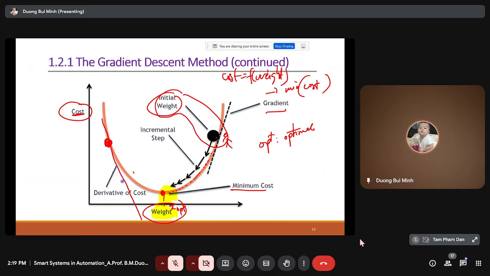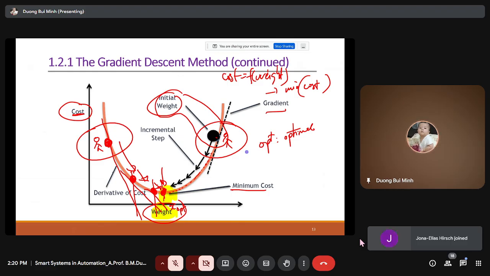Then here you get this one, and after some steps you get the minimum point here. So it's up to you. You can choose the initial point here or here. That's okay.